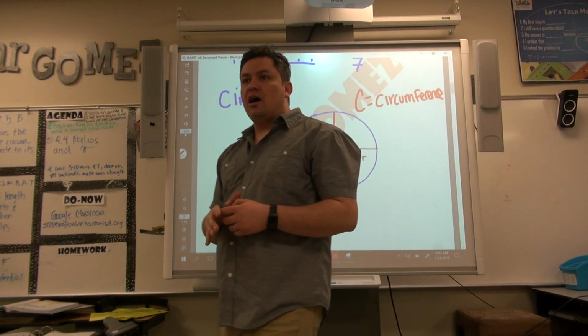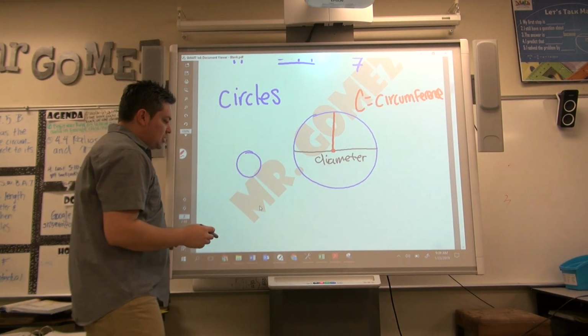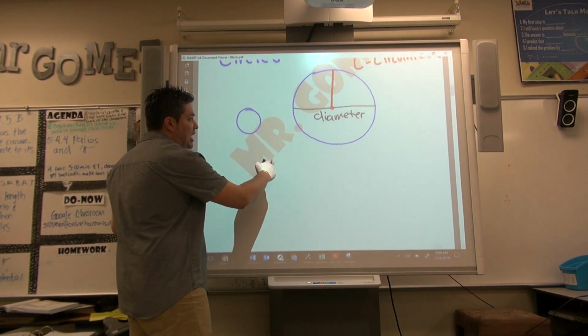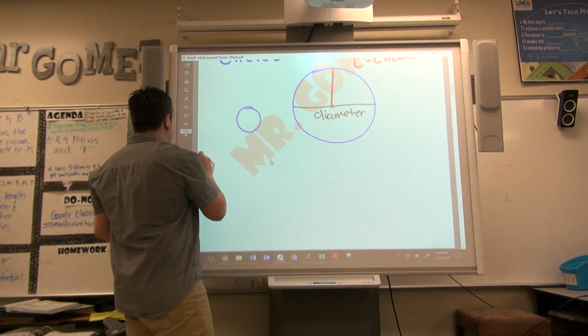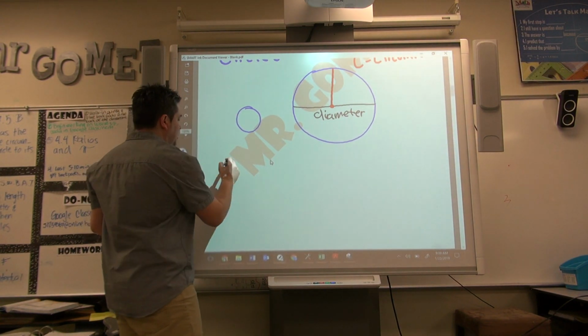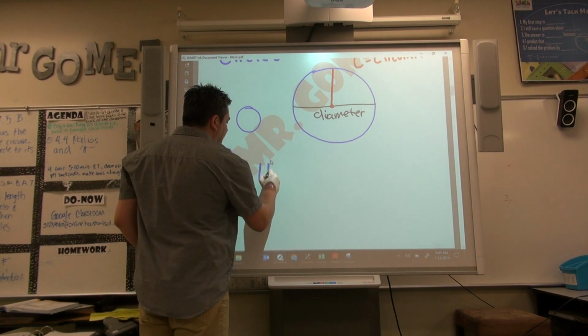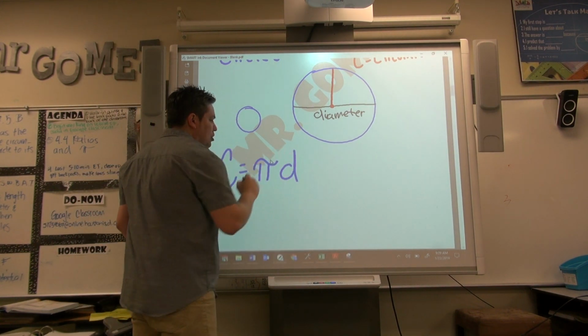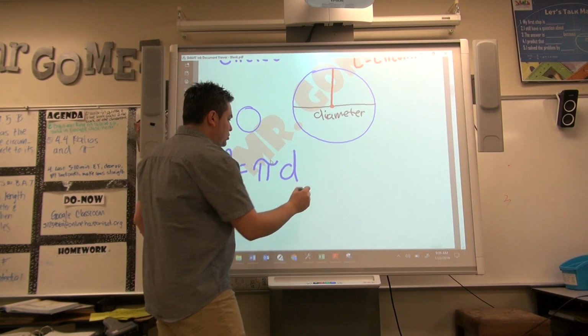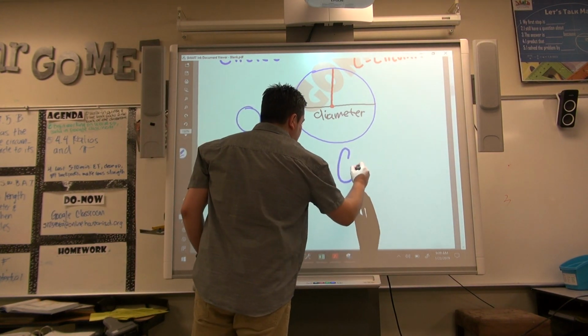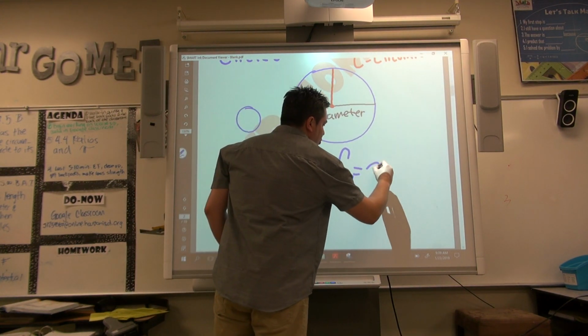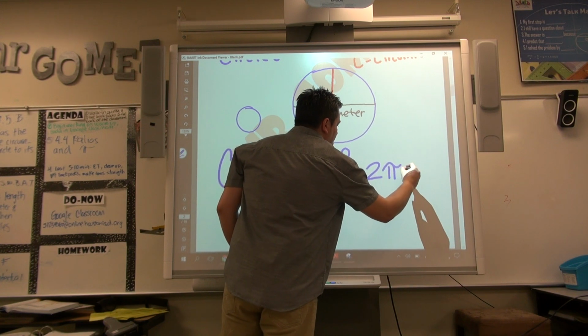And to find the circumference, we have a formula, which is C for circumference equals pi d, or you can use C equals 2 pi r.